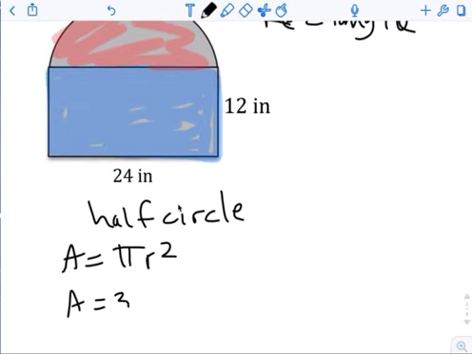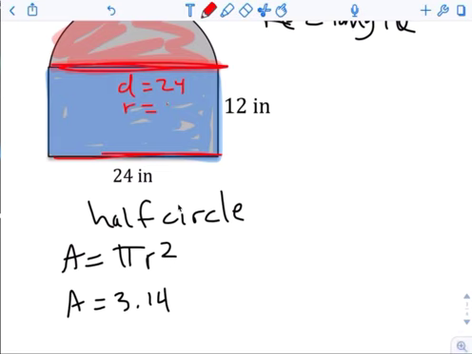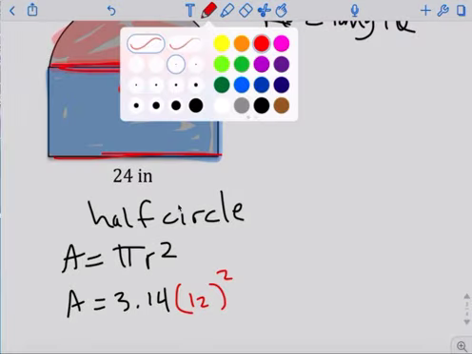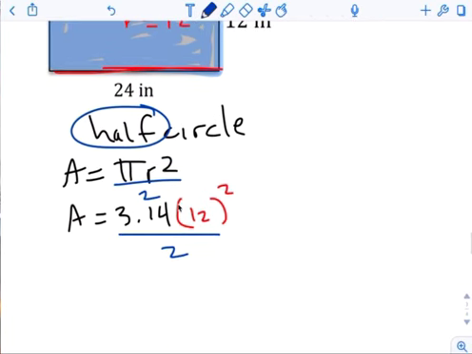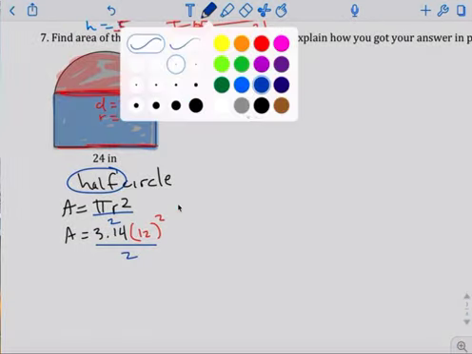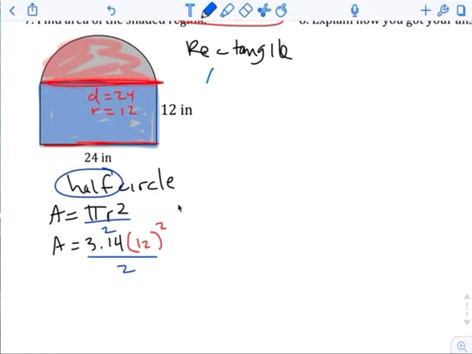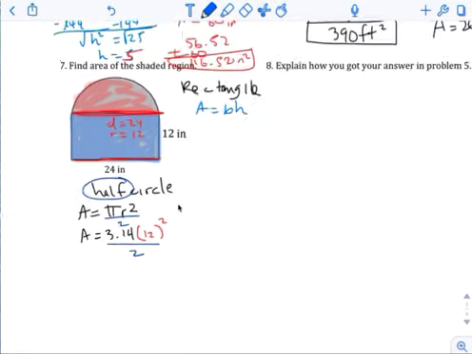Area equals pi, 3.14. And then we need to know this line right here. That line is the same as this one. That's called a diameter of 24, radius of 12. So radius is 12 squared. Half of the circle, don't forget, because of half you divide by 2. Okay, put in your calculator, get your answer, then add it together at the end with the area of the rectangle, base times height.